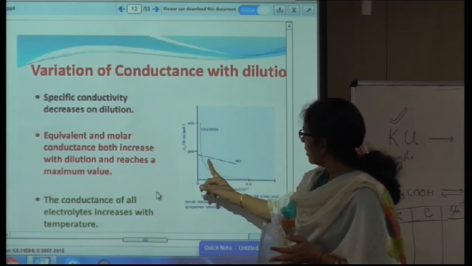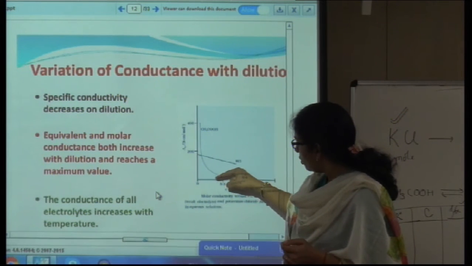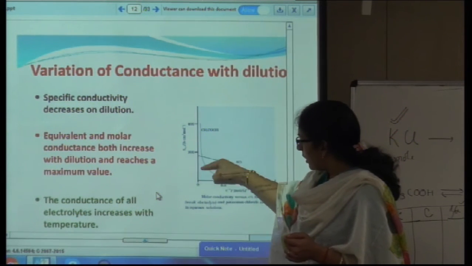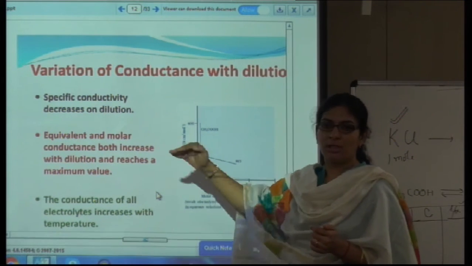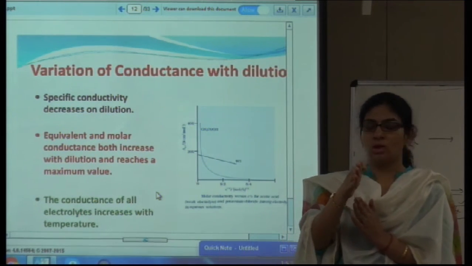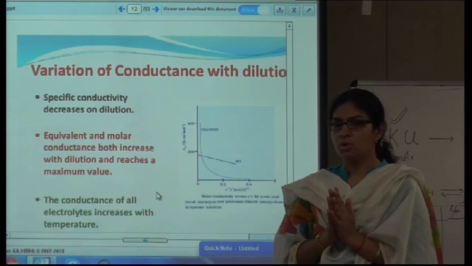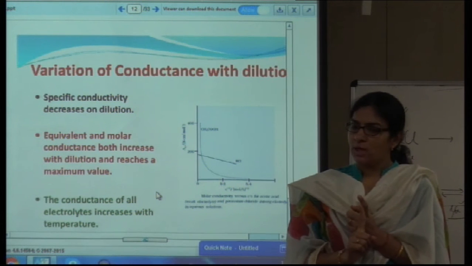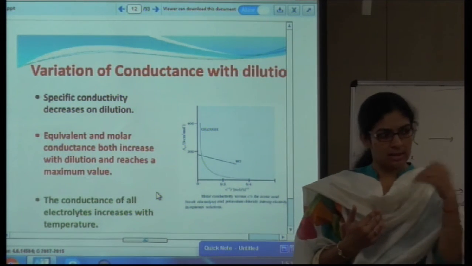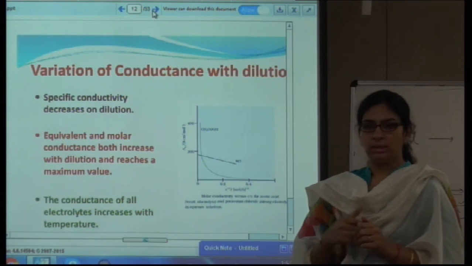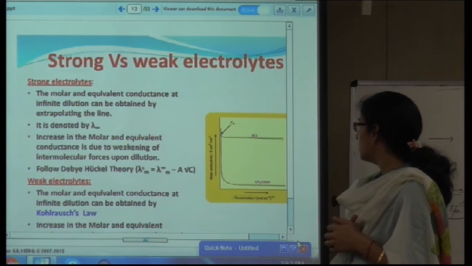Rather, what you do is measure maybe from 0.2 down to 0.001, and then you can extrapolate that curve. It will meet the y axis, that is called lambda m infinity. So in case of strong electrolytes, it is possible to get lambda m infinity from the graph itself, but in case of weak electrolytes it's not possible. Next slide please.